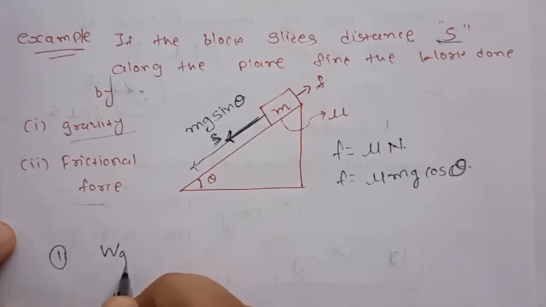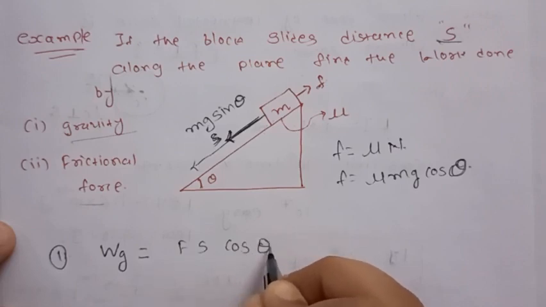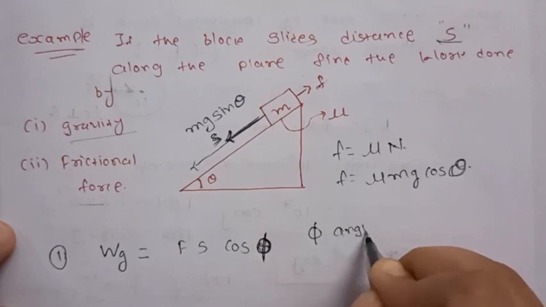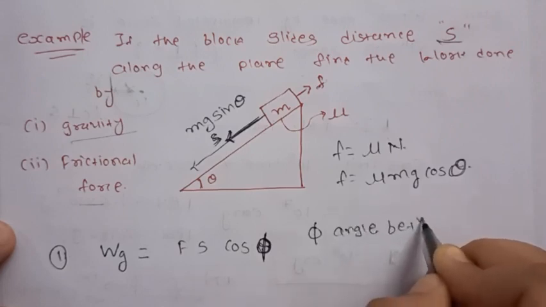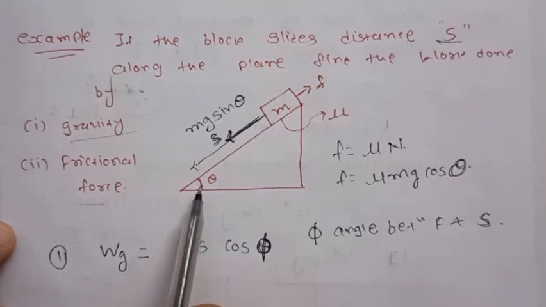So first let us find the work done by gravity. So work done by gravity will be Fs cos theta. For simplicity, I am denoting the theta as phi, where phi is the angle between force and displacement, because theta here is the angle of inclination.